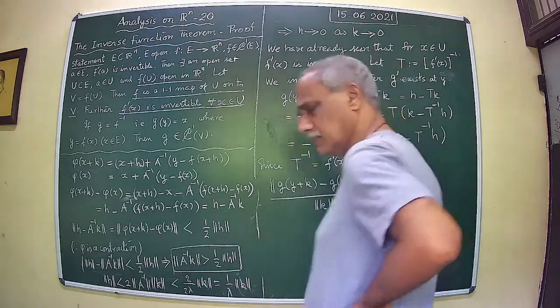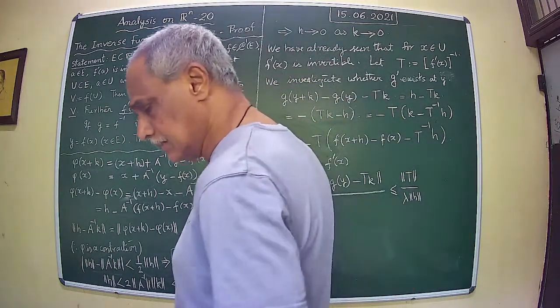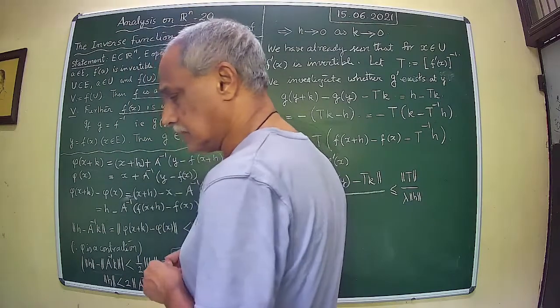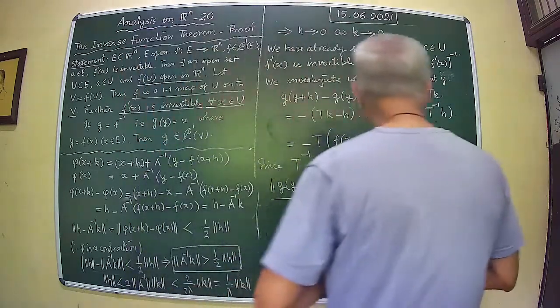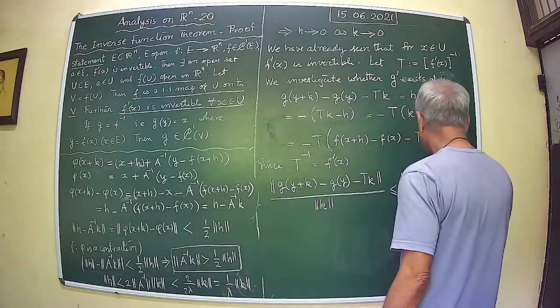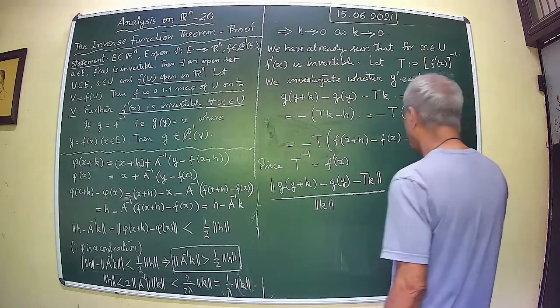K we are replacing by this inequality that we have just now derived into norm of f of x plus h minus f of x.